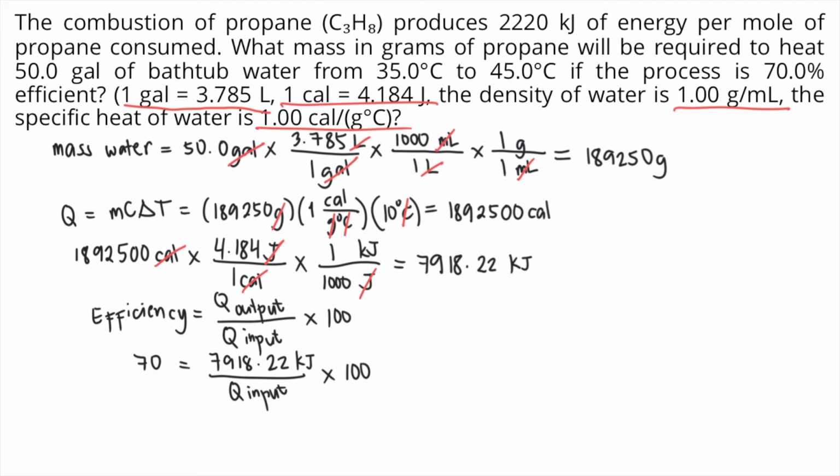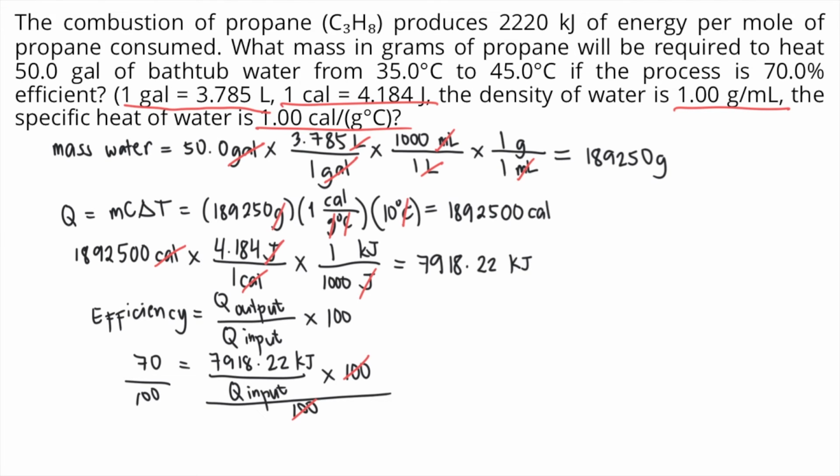Okay, so what you can do is divide both sides of the equation by 100. So the 100 would cancel on the right side.